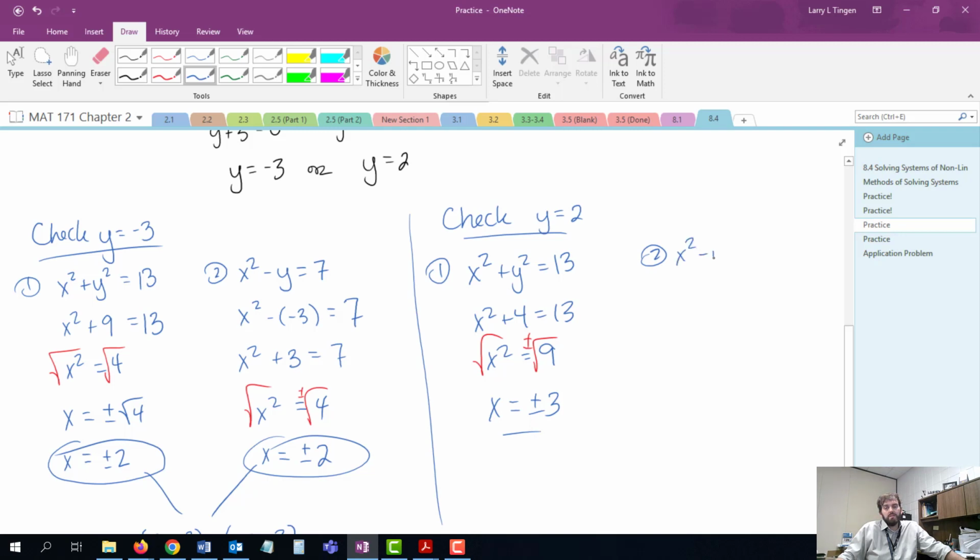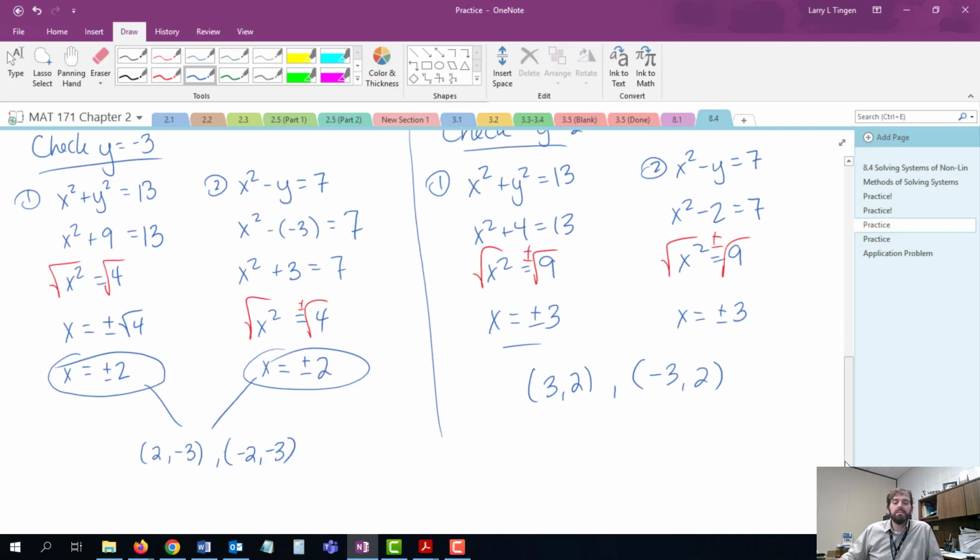X squared minus y is equal to 7. X squared minus 2 is equal to 7, which means x squared is 9. I want x by itself, so take the square root of both sides. X is equal to positive and -3. It happened again. So this means I now have the points 3, 2, and -3, 2.